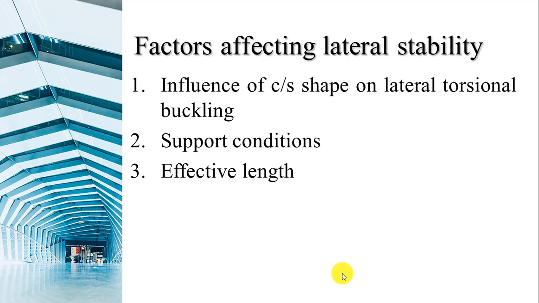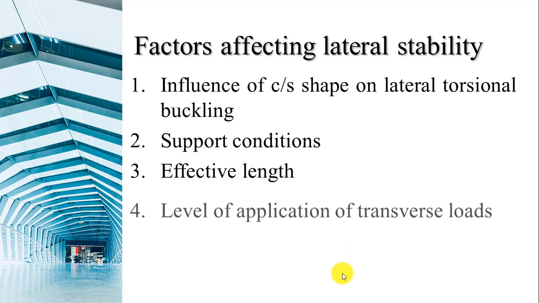Then there is the effective length. Depending on these support conditions, the effective length changes, meaning what kind of restraint we are providing, and whether lateral restraint, torsional restraint or warping restraint is given. Depending on that, even the effective length changes. And based on that effective length, again the lateral stability gets affected.